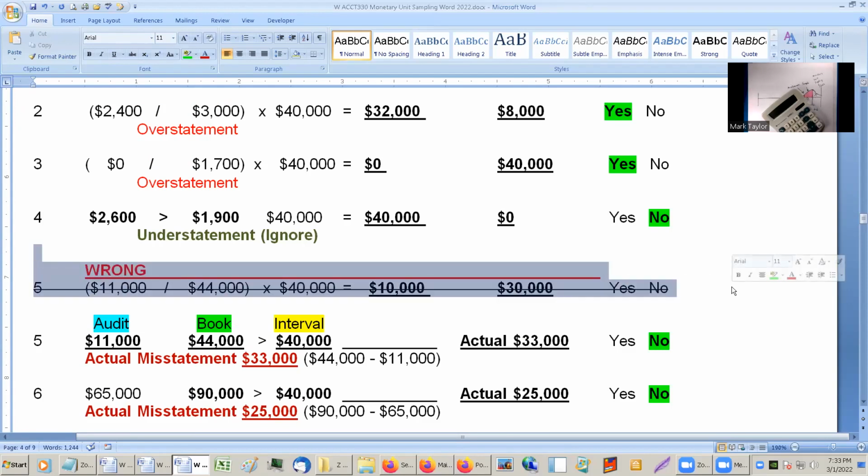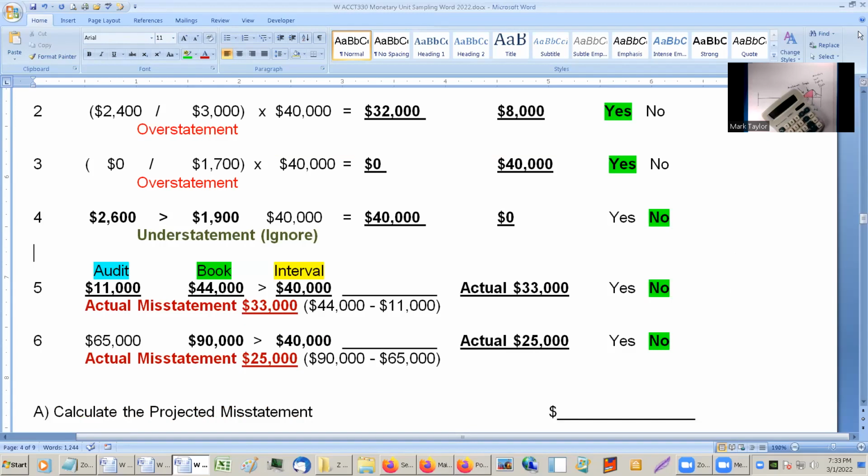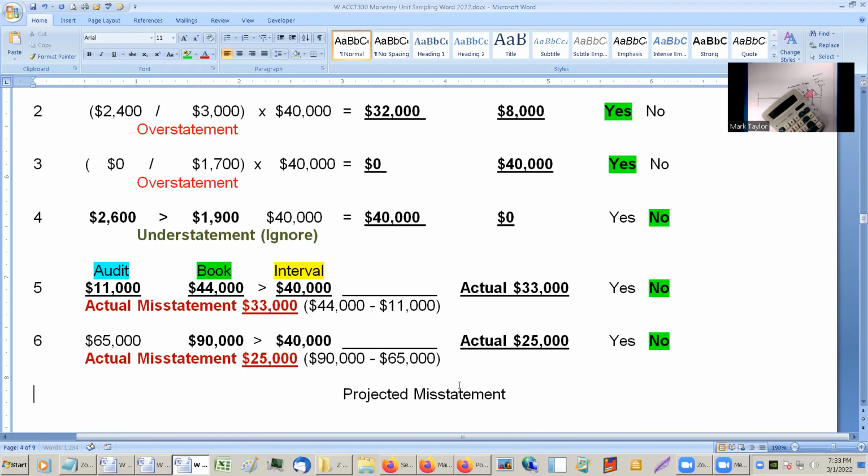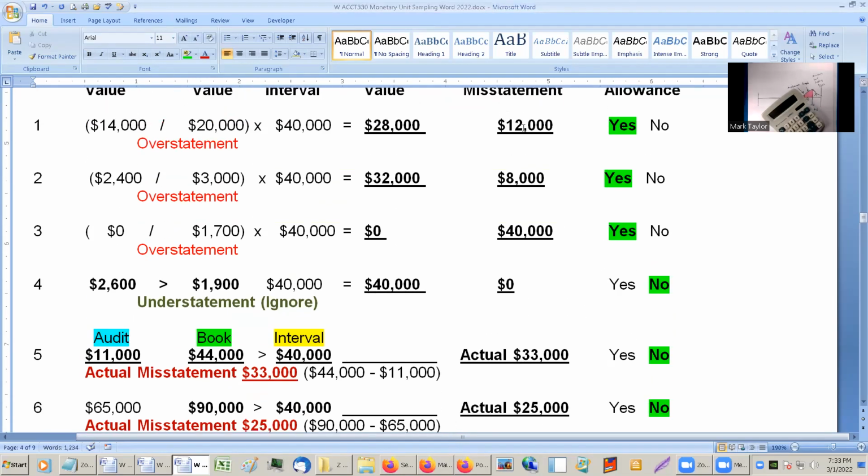Okay, so here we will have our projected misstatement, adding all these up. So 12 plus 8.